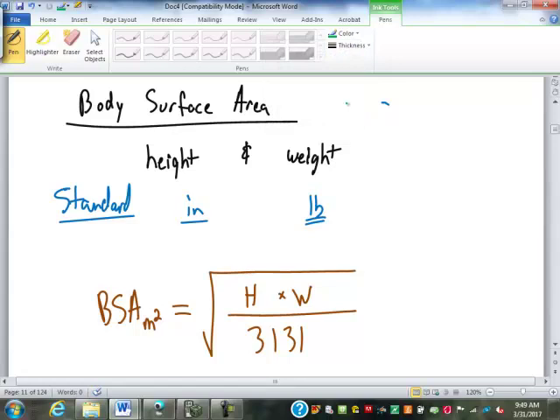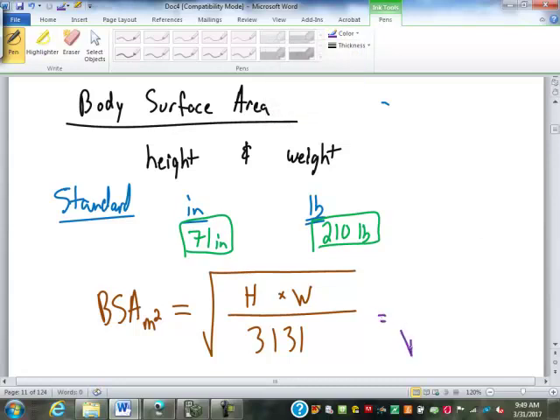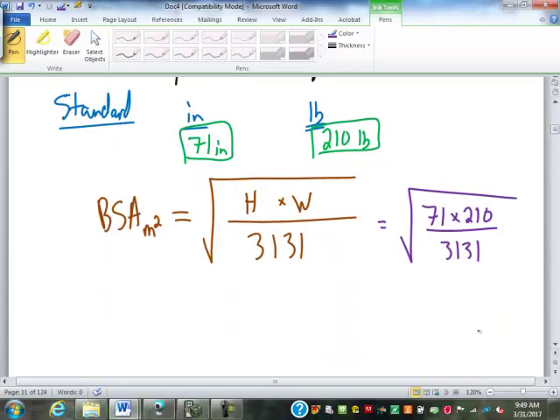So let's say we have a patient who is 71 inches tall and 210 pounds. Their body surface area, 71 times 210 divided by 3,131.